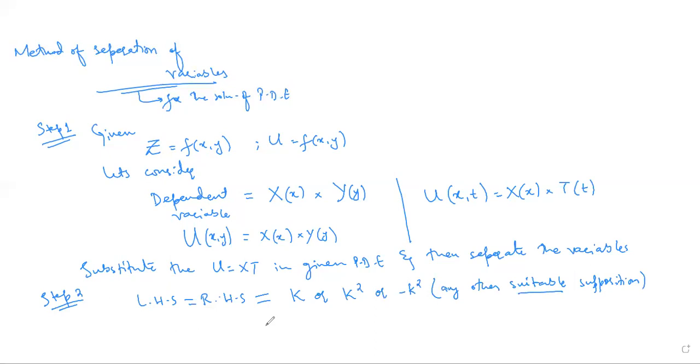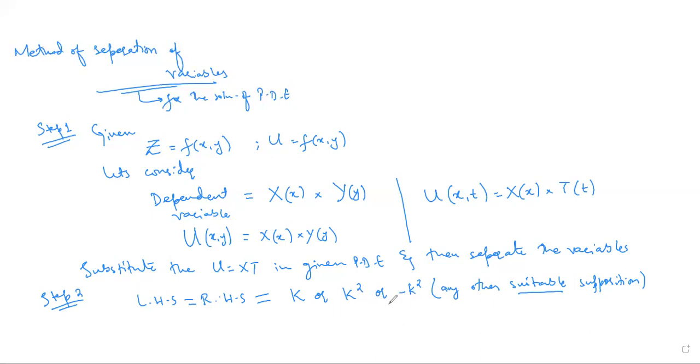Since the wave equation is basically a combination of a sine wave or a cosine wave, we may need another supposition like minus k square, or we will need the roots of the higher order ordinary differential equation to be complex numbers. So we may consider minus k square. We'll discuss later in an example where we can consider only k, and where we have to consider minus k square or k square.